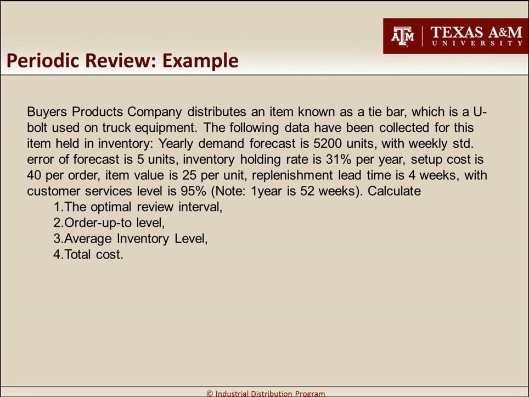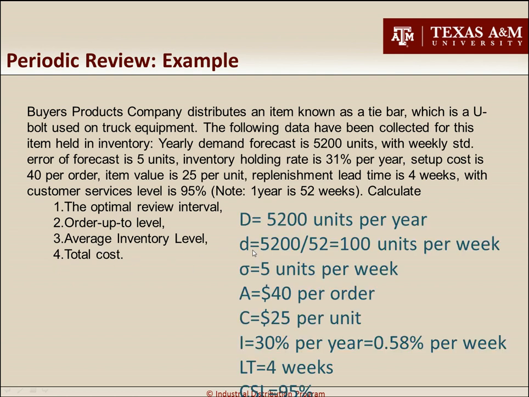Now we are given the information that 1 year is 52 weeks, and we are asked to calculate the optimal review interval, order up to level, average inventory level, and the total cost. Similar to earlier exercises, first we are going to summarize what we know. Demand is 5,200 units per year. D equals 100 units per week.